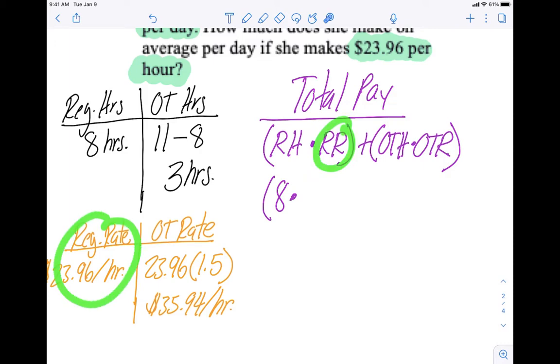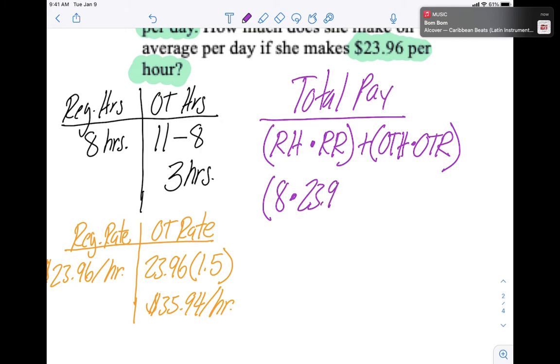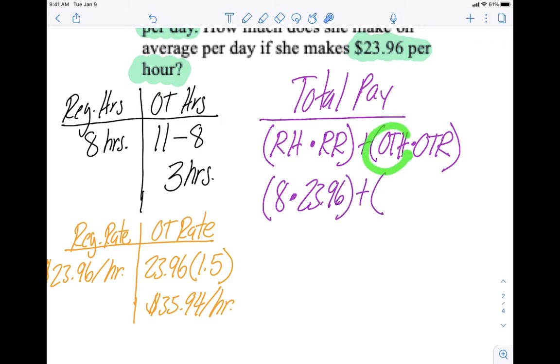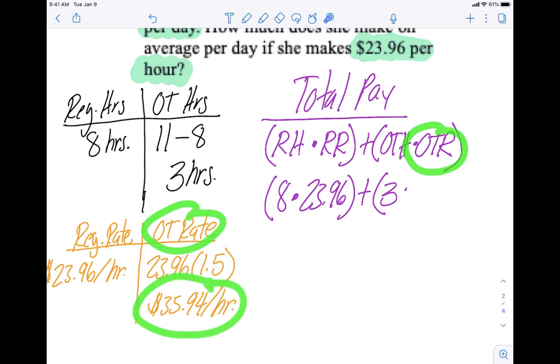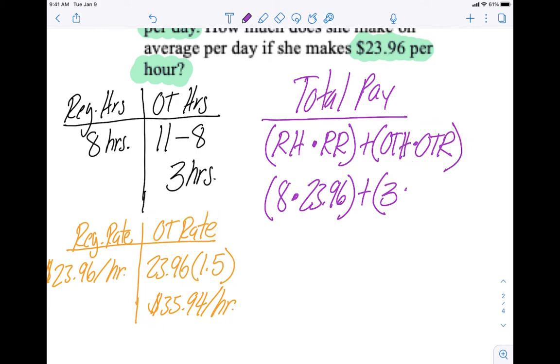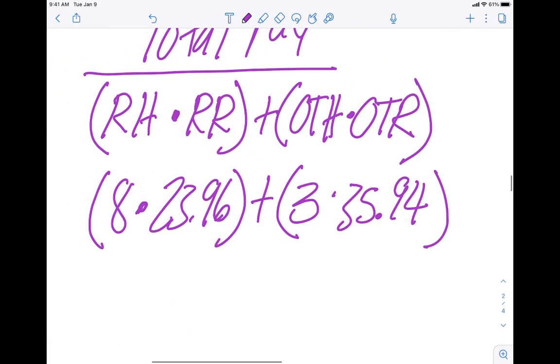Well, regular rate is $23.96 plus overtime hours is 3. 3 times overtime rate. Overtime rate, $35.94. Look at that. So I'm going to type that into the calculator.